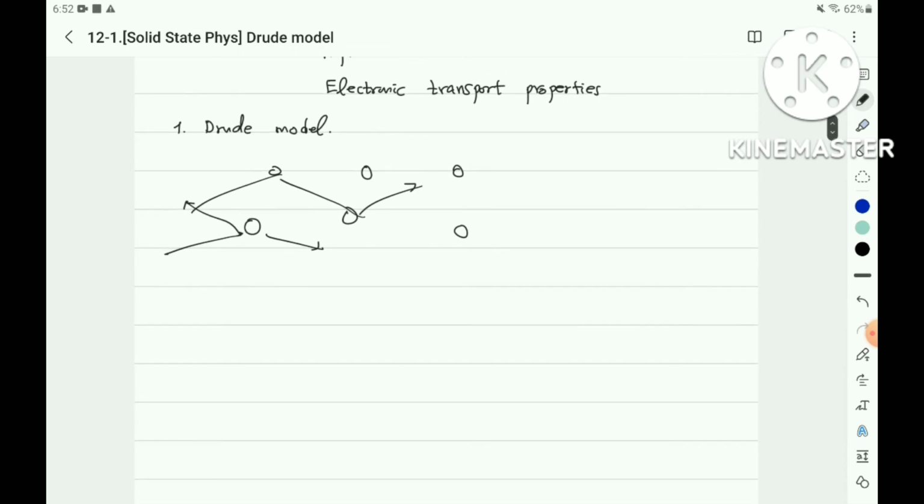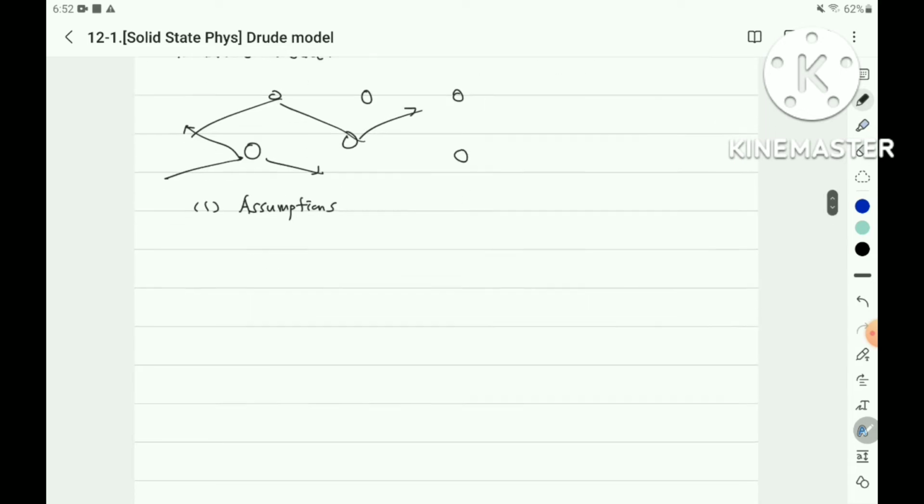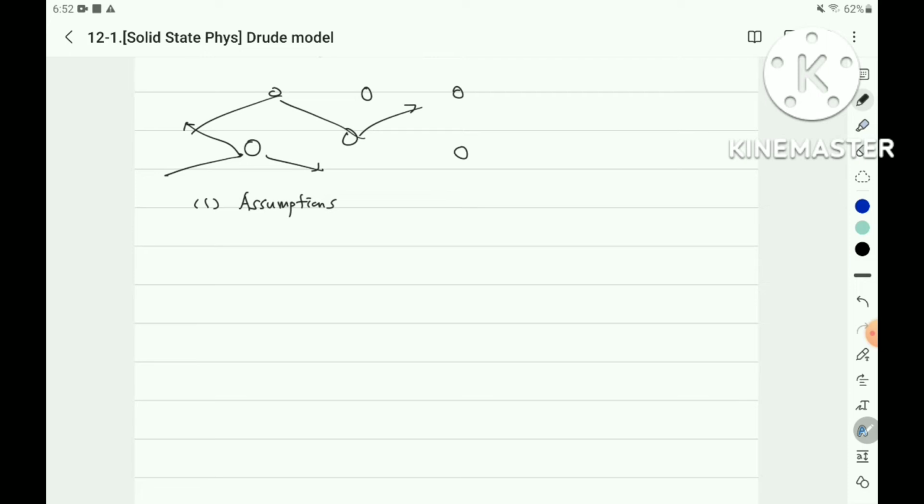Here are the assumptions of the Drude model. The assumption is that electrons can be treated as a gas, an electronic particle gas, free to move between positively charged ionic cores.